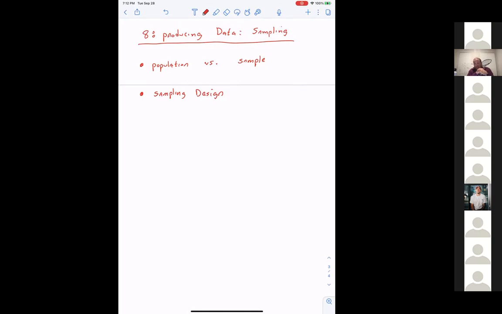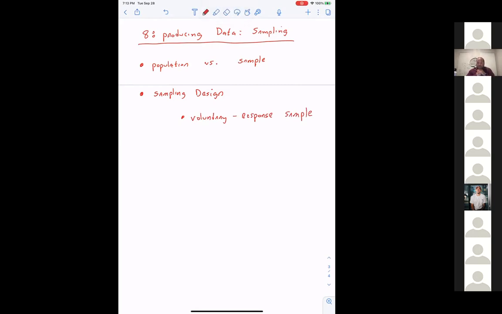I love that you mentioned it, because it's the very next thing we're going to talk about in the book anyway: what's called a voluntary response sample. A voluntary response sample is when people decide on their own whether or not to respond.